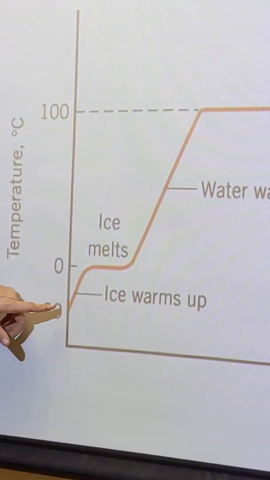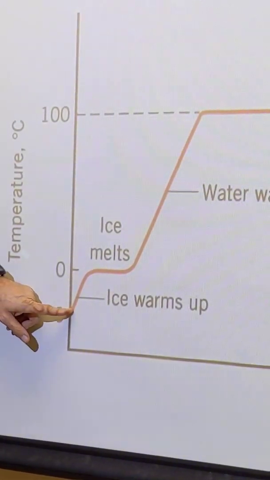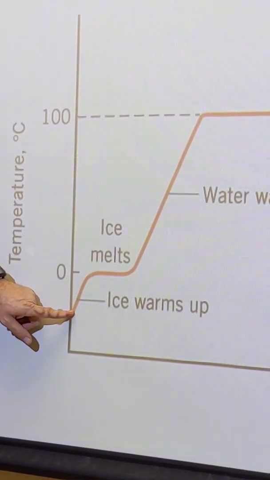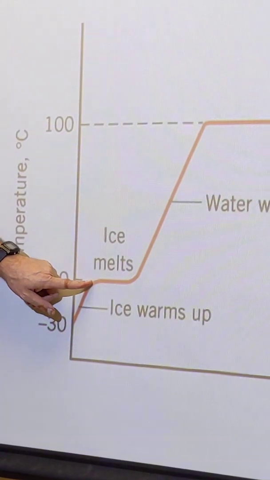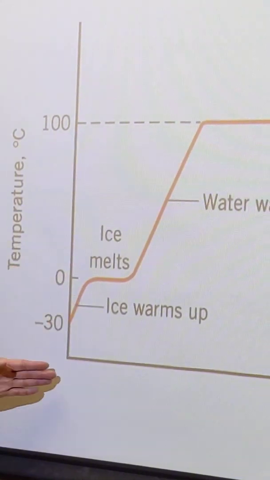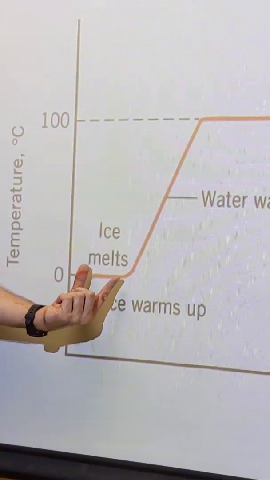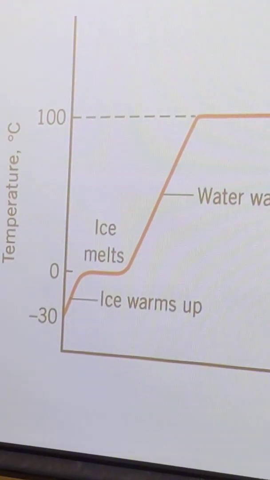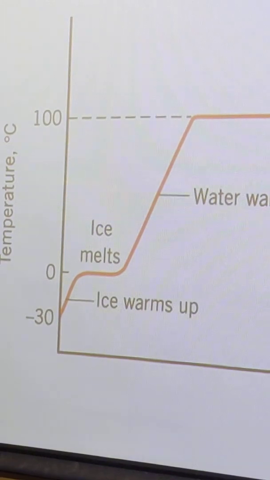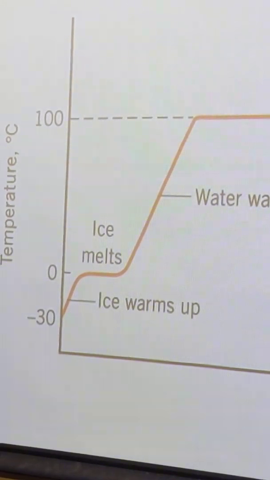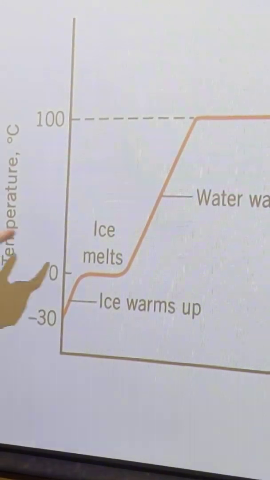Correct. Here, I'm adding energy to the ice, the solid. The temperature's increasing up to this point, and then if I continue putting energy into the system, all that energy goes to tearing apart the solid and turning it into a liquid. That's what's going on in this flat spot.